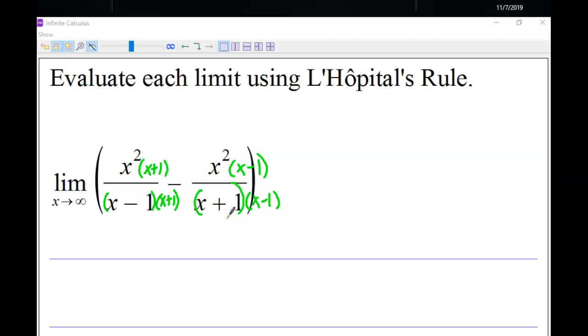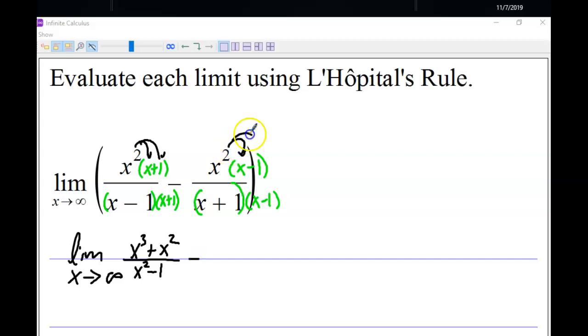Let's see what we have after we do that cross multiplication there. Here, if I distribute, I'm going to get x cubed plus x squared. And on the bottom, I guess we'll go ahead and just multiply it out. It's pretty easy. That's going to be x squared minus 1. Minus over here, distribute.